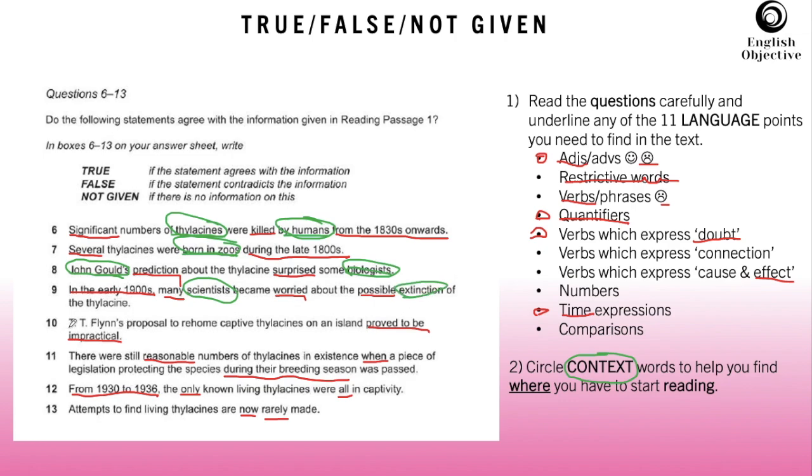Once again, name, proposal. Rehome captive thylacines on an island place. There were still reasonable numbers of thylacines in existence when a piece of legislation, so legislation protecting the species, was passed.